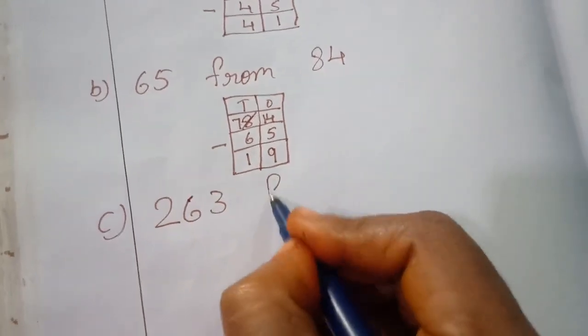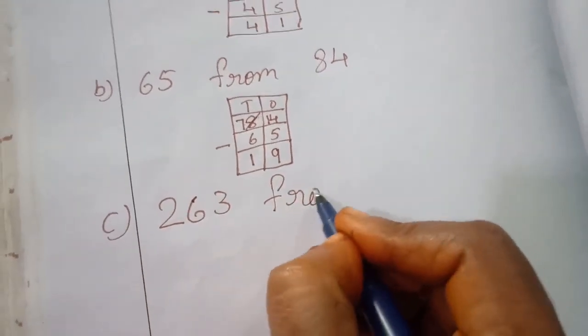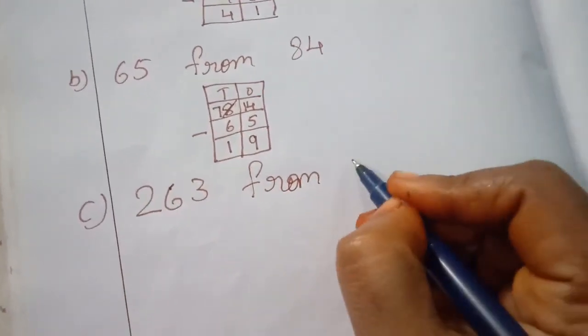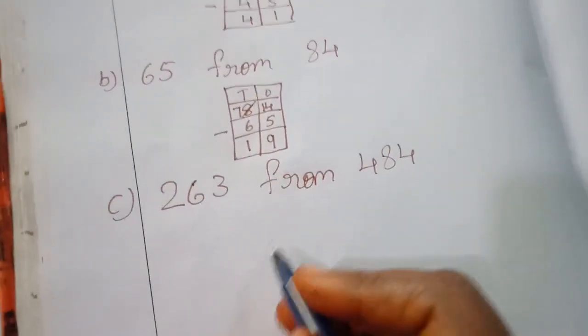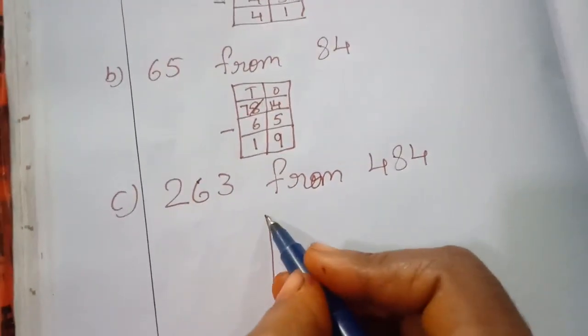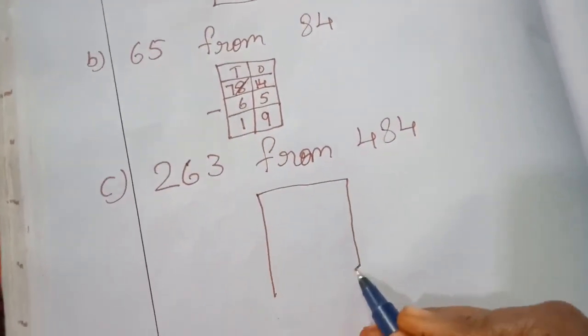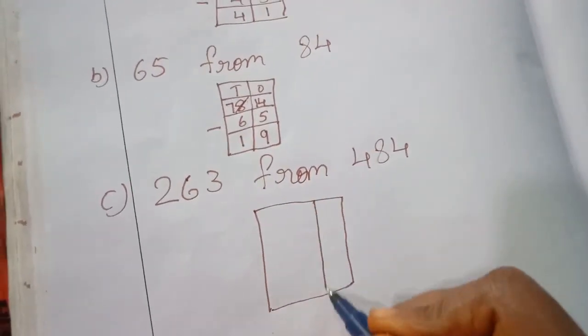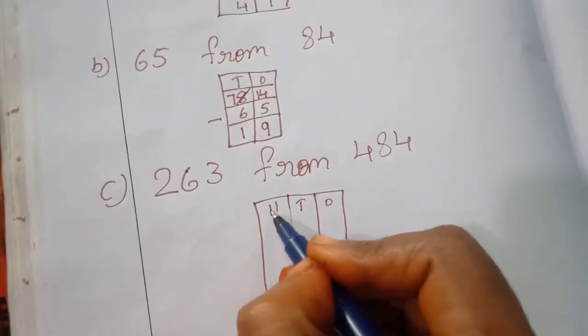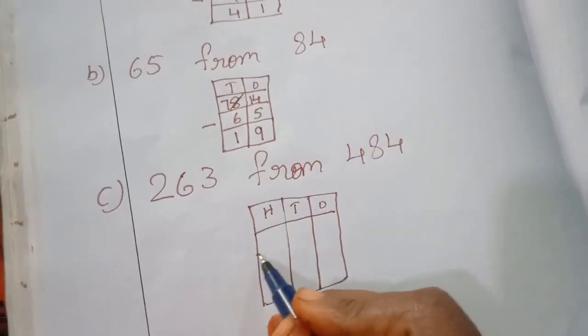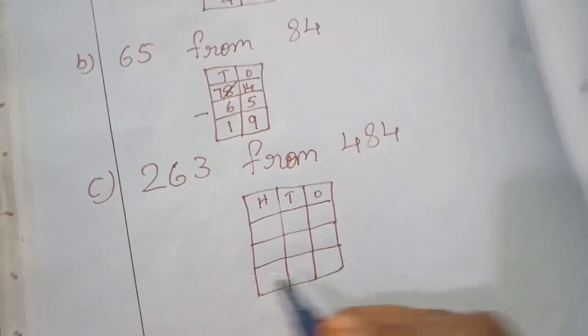263 from 484. Okay. See, first of all you should draw the place value chart. Ones place, tens place, hundreds place, because it is a 3-digit number.